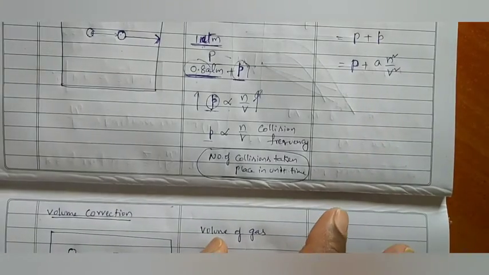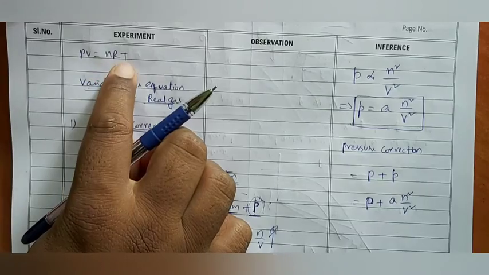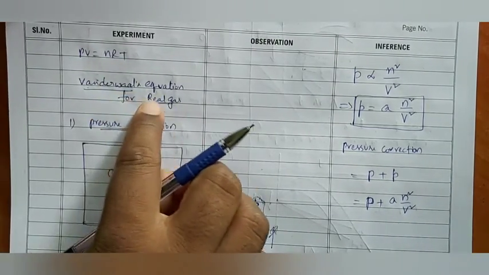Substitute these two values in PV equals nRT. We will get the real gas equation, which is also called the Van der Waals equation.